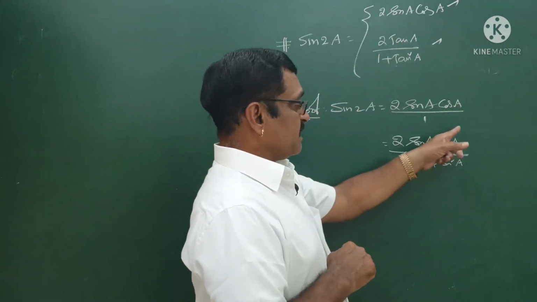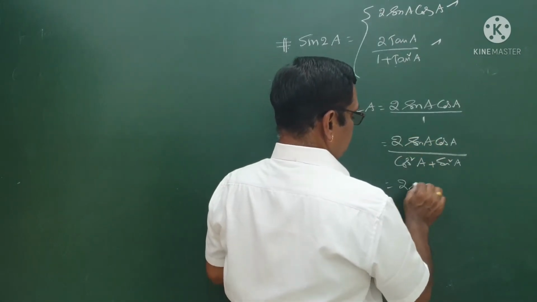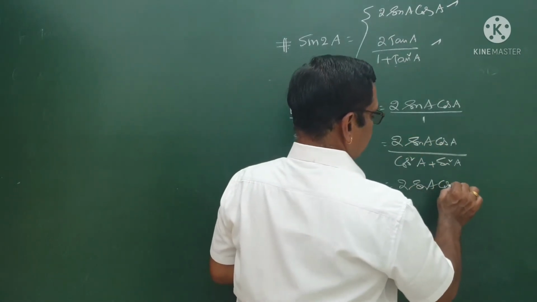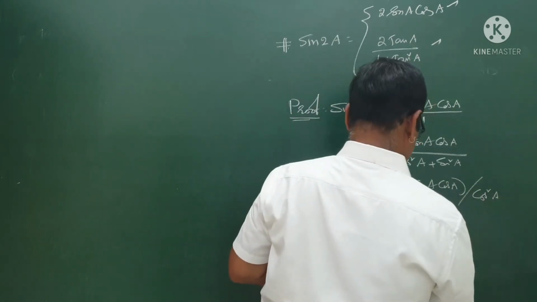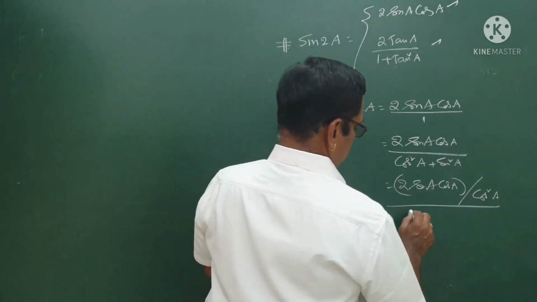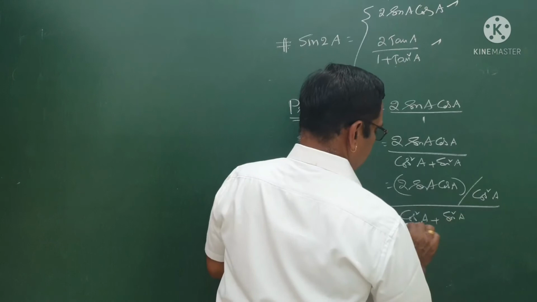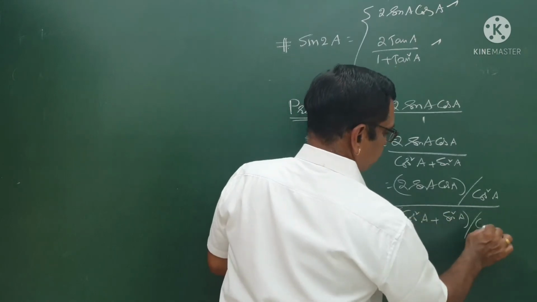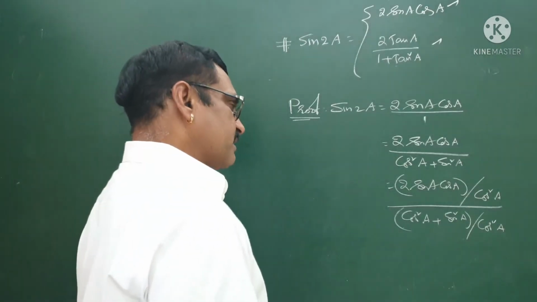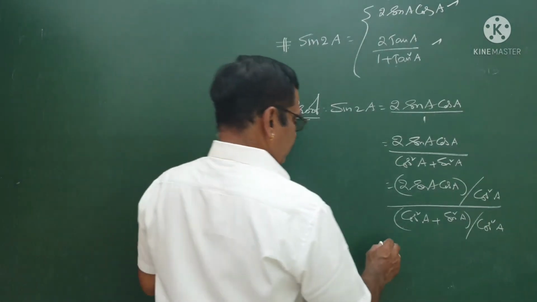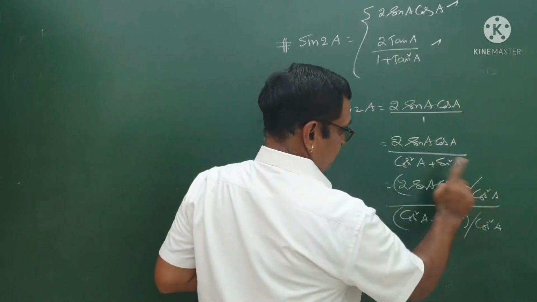Now I want tan A here. What I do, I divide both numerator and denominator, 2 sin A cos A by cos square A, cos square A plus sin square A by cos square A. So what is my operation? Dividing both numerator and denominator by cos square A. Now if you split this, 2 sin A cos A, 1 cos A will get cancelled.